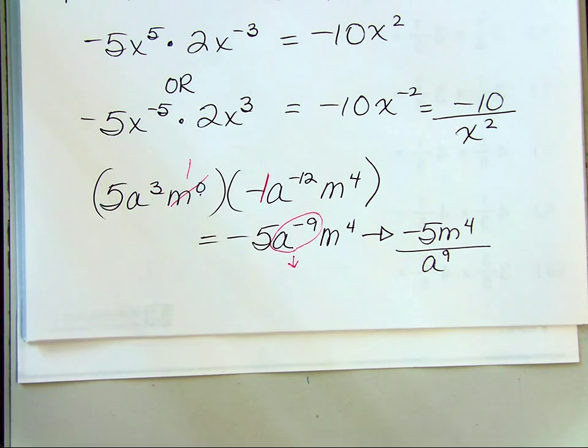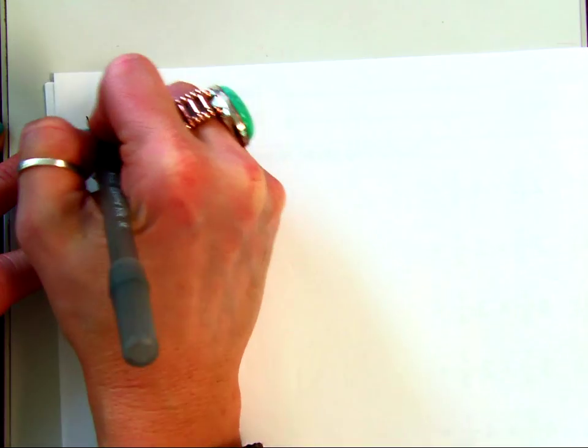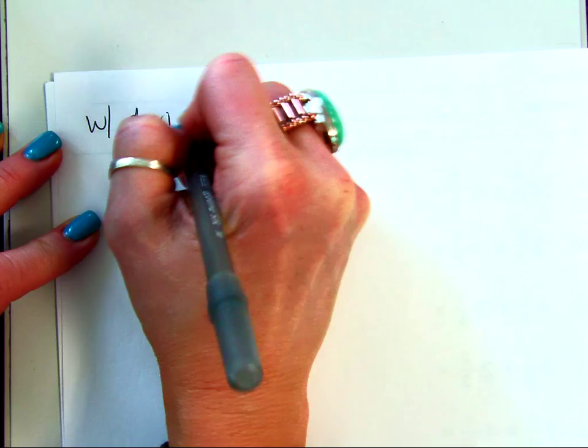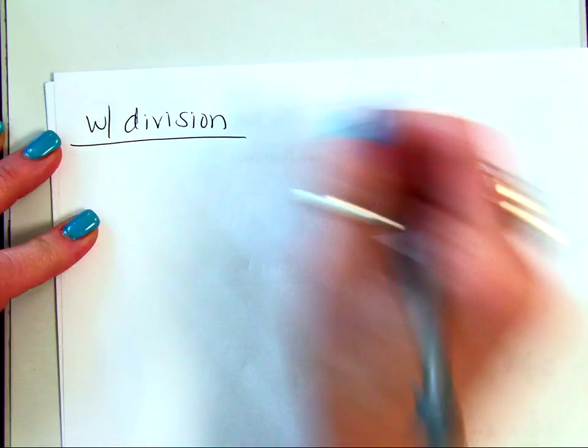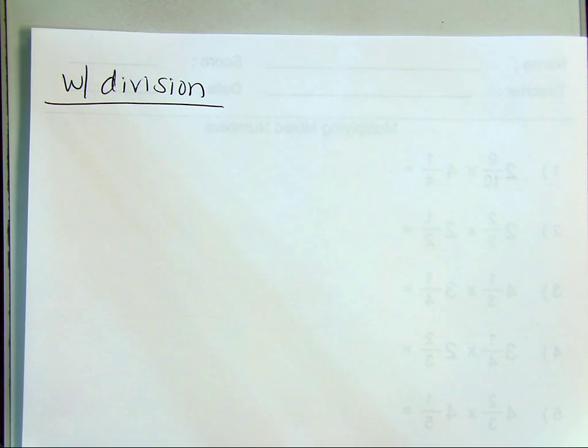Okay, because we're going to move on to division next. Are you with me? All right, so let's move on to what this looks like for your division problems, okay? And here's the thing, the rules are all the same. Nothing's changing, except you just have to deal with the same part of it, just with negatives now, okay?